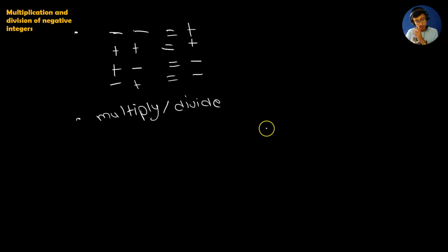If we look at our example here, 5 times negative 6. Another tip for today, friends: when a number doesn't have any symbol, like the 5 here, how do we figure out if it's positive or negative?